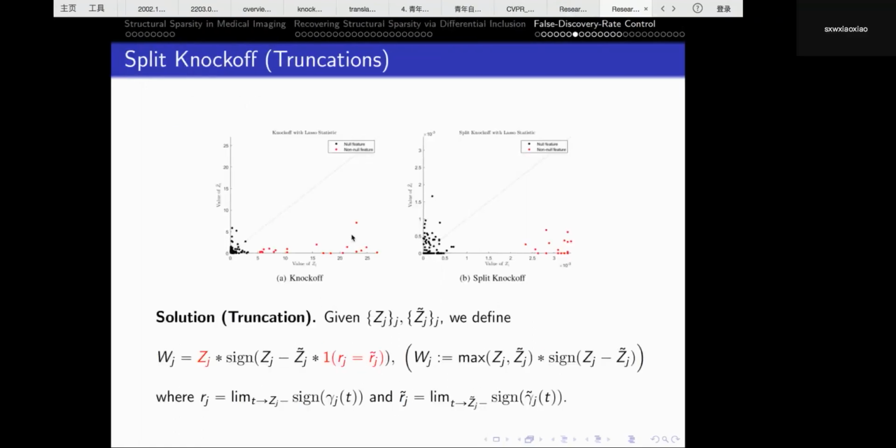To resolve these problems and to ensure the exchangeability property, we propose the truncation solution, where we truncate the magnitude when the d tilde j is greater, and also the probability of d tilde j to be greater than dj when the sign of the gamma and the gamma tilde is not the same.